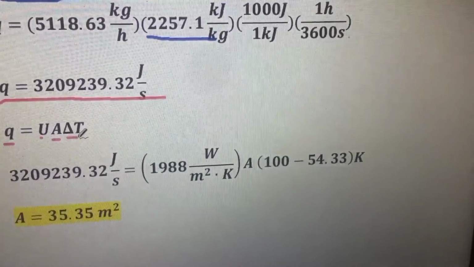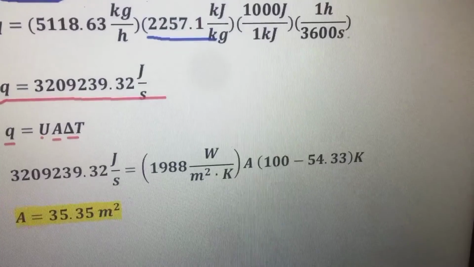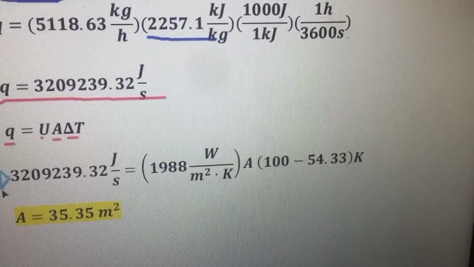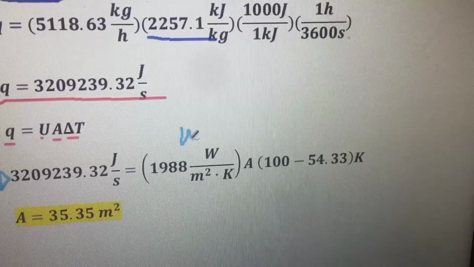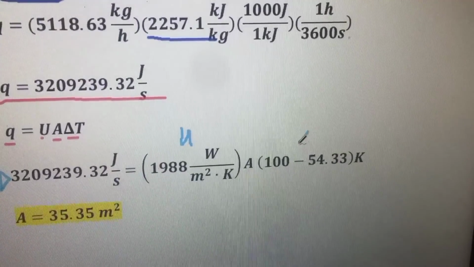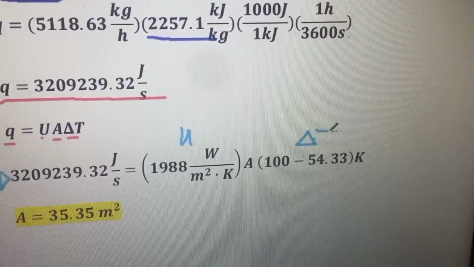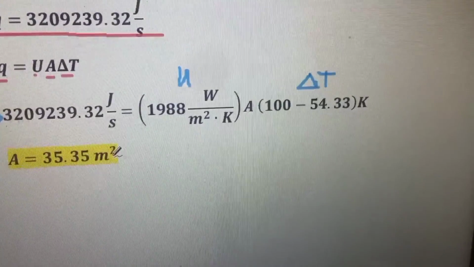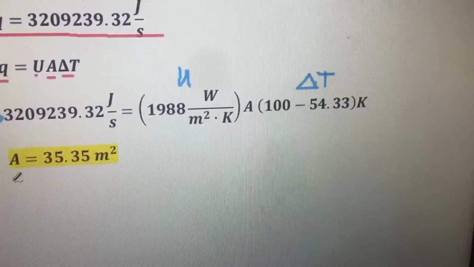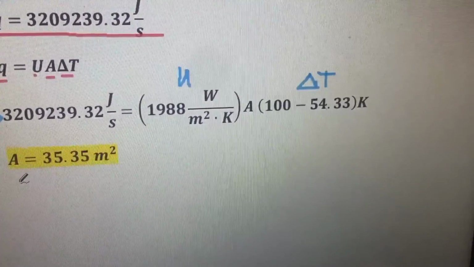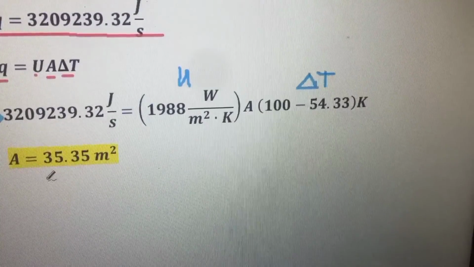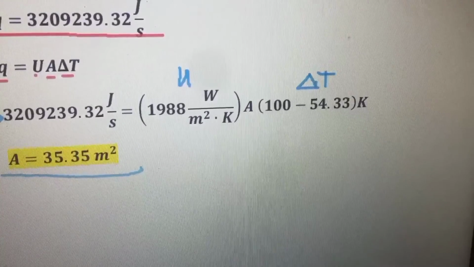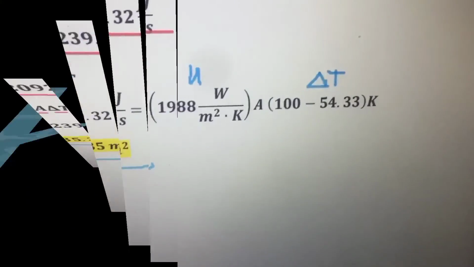So we substitute the values: 3,209,239.32 joules per second, our Q, equals 1,988 watts per meter squared per Kelvin, which is our U, times A times change in T, and we get our surface area equal to 35.35 square meters.